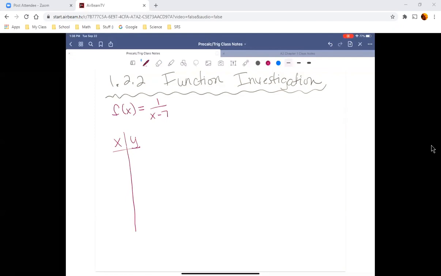So when it comes to trying to figure out what values we want to plug into our table, I'm gonna tell you some values. I'm gonna look at just the 7 here, and I want to go 5 less than 7 and 5 more than 7. So what's 5 less than 7? 2. So what's the first x value I'm going to use? 2.